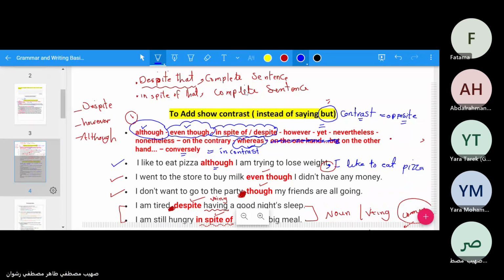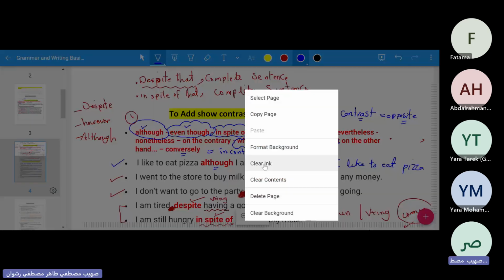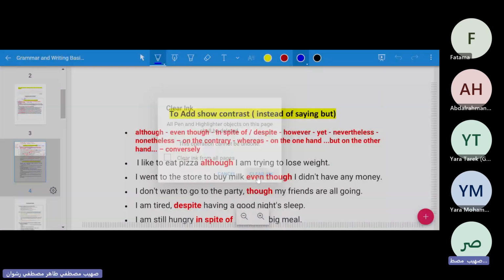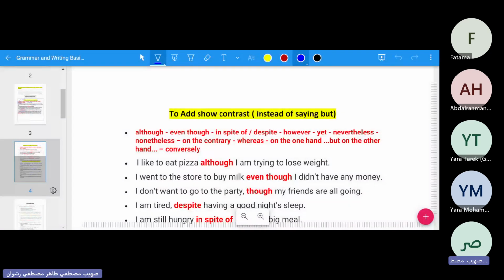Alternative for what, guys? For but, because these are the most common conjunctions in writing, either using and or using but. What are the alternatives for the word but? Instead of saying but, we have different ways to say but.